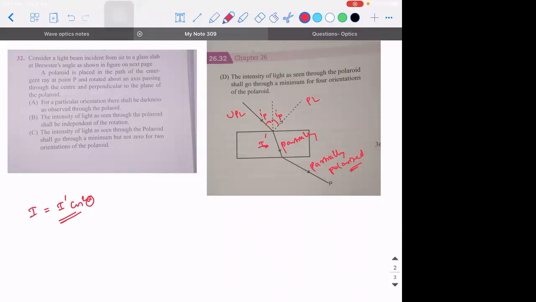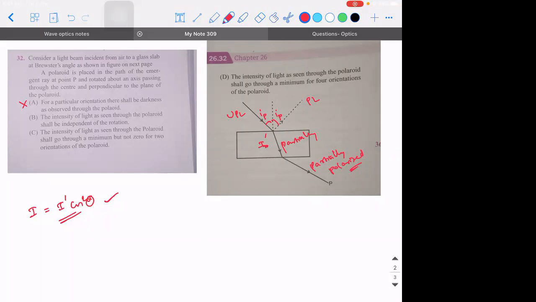Theta is the angle between the axis of the Polaroid and the axis of the polarizers. Here you have only one polarizer. So complete darkness is not possible.